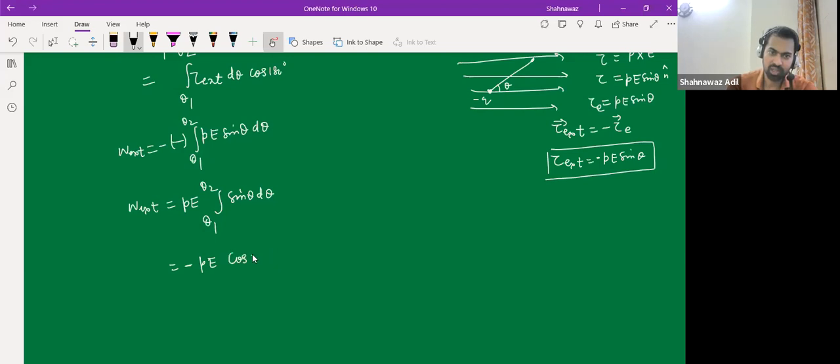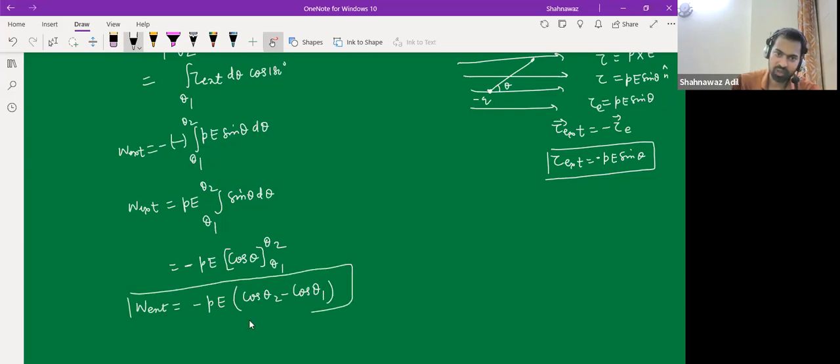Minus cos theta, and then we put the limit, theta 1, theta 2. So this would be how much? Minus PE cos theta 2 minus cos theta 1. So this is the work done by the external.